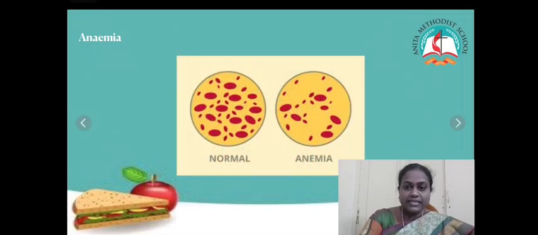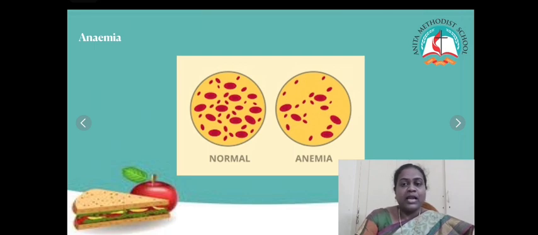For a normal person, the red blood cells are more, whereas a person affected by anemia has fewer red blood cells. Anemia means fewer red blood cells. So, intentional food adulteration might lead to loss of vision, appendicitis, or problems in your small intestine.